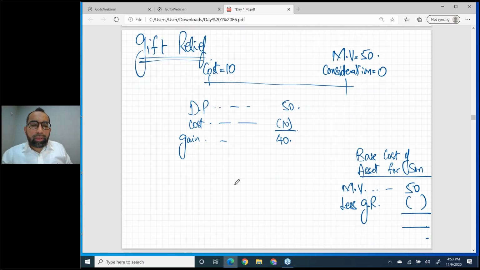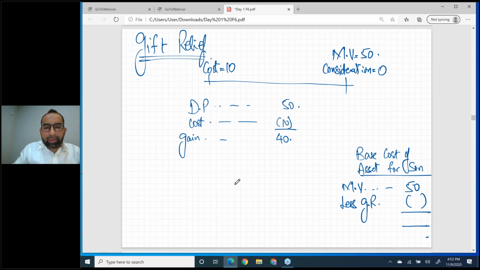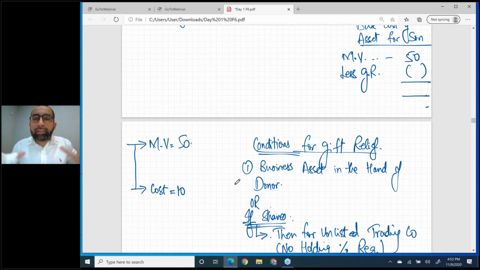Now, there is one more business relief which is called gift relief. Now, look here. For example, connected persons are family members: father, son, father, daughter, mother, daughter. These all are connected persons. And we have seen in our life, when there is a transaction between connected persons, people give their chargeable asset free of cost.